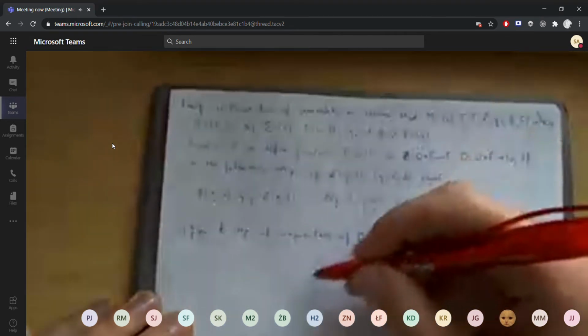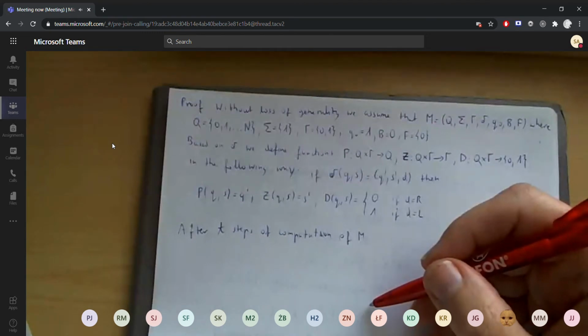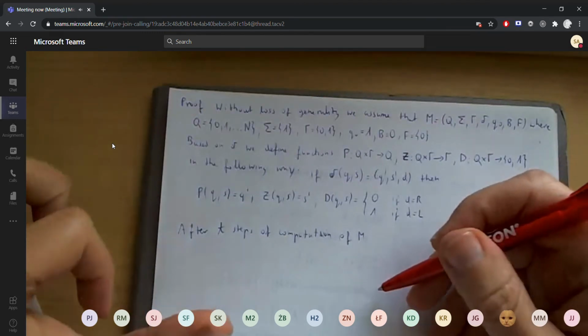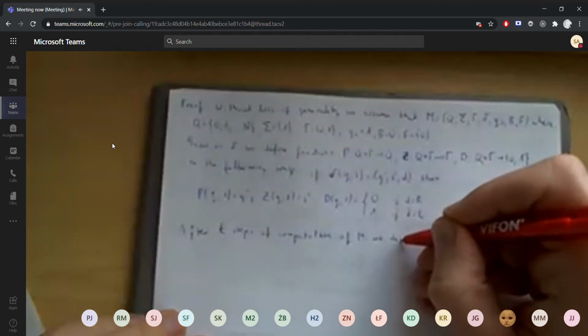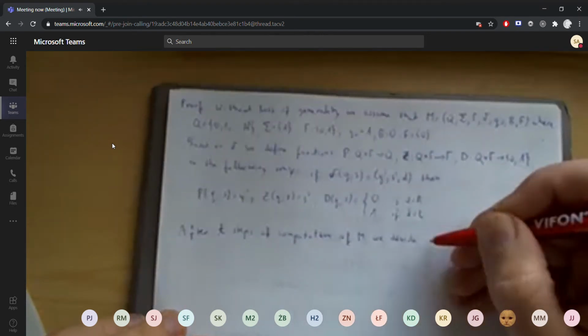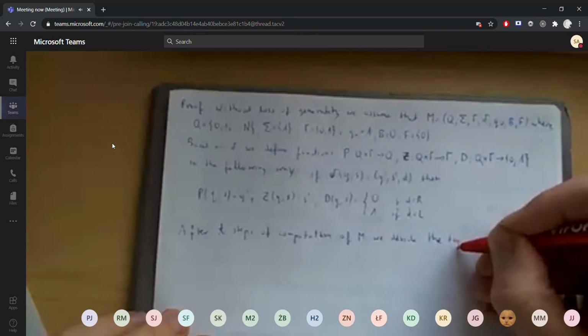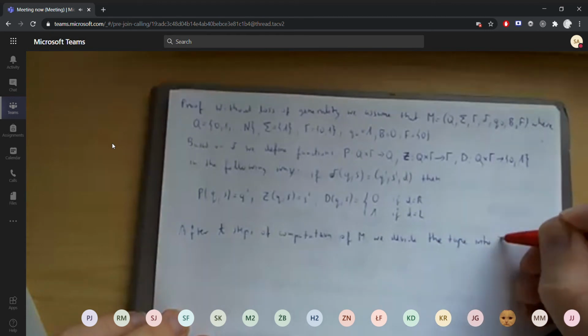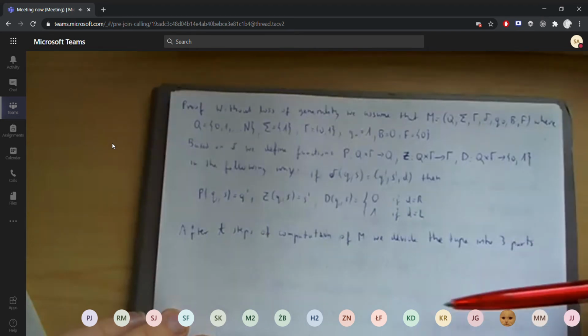we have the following. Somewhere the head observes some cell on the tape, and we divide the tape into 3 parts. This part will be to the left of the head, the cell observed by the head, and the cells to the right of the head.